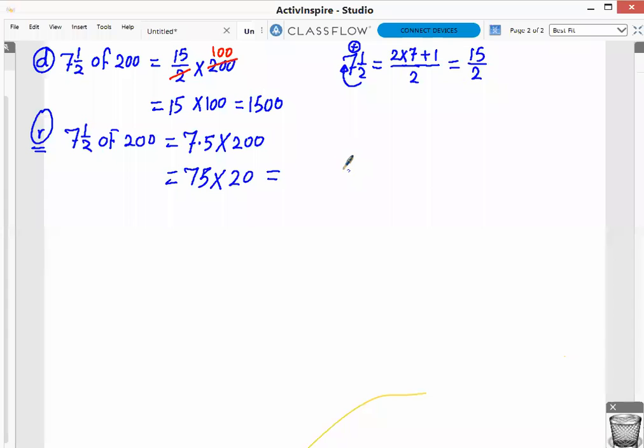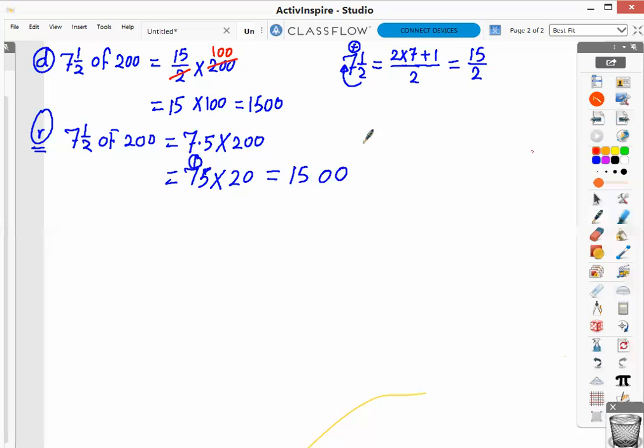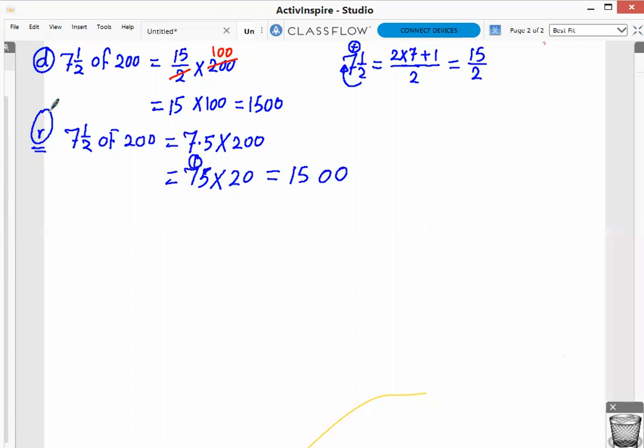First, bring down 0. And 5 times 2 is 10, 0 carry 1. 7 times 2 is 14, and 1, the same answer. Then choose which one is easy for you. Yes, write in the notebook.